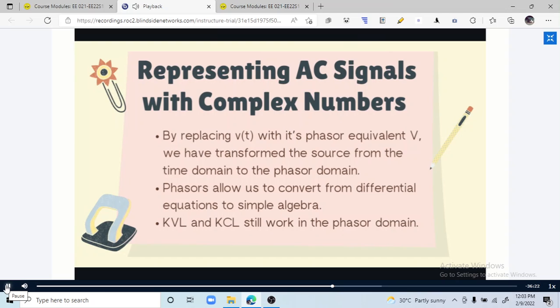It is in order for us to convert from differential equation format to simple algebra. The 20 sine omega t plus 30 degrees involves the differential equation format, which is the time domain format. We are going to convert that into simple algebra, and that simple algebra is the phasor format, or the frequency format. Do you understand?